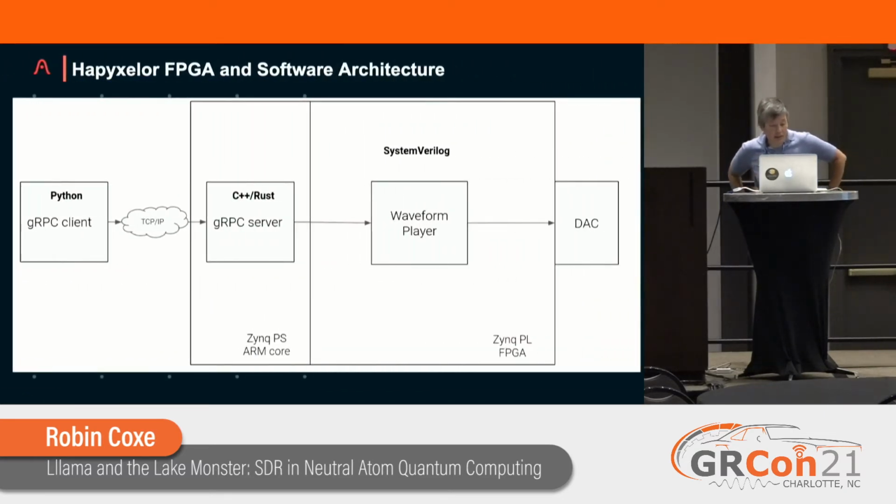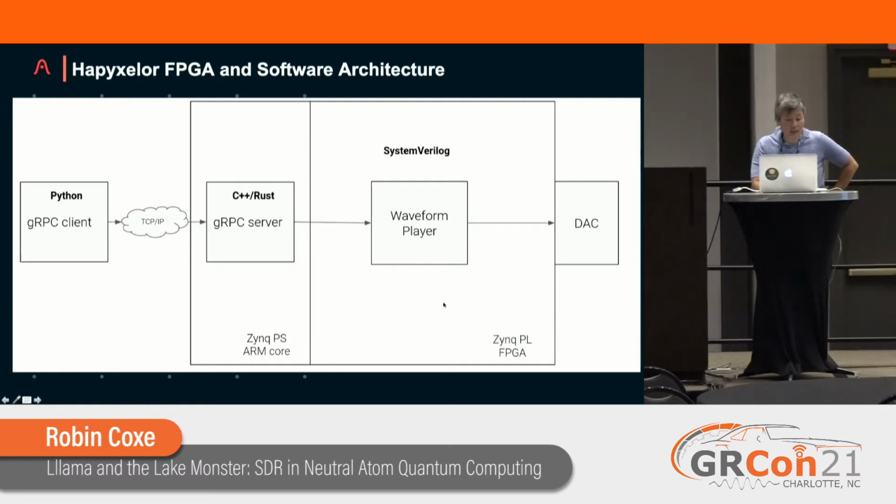to create quantum computations. So the architecture of our Hapyxelor SDR, and it's called Hapyxelor because it's named after a mythical Canadian lake monster, because 2 of the guys who worked on it originally are Canadian, and that's what they named it, so it stuck. The architecture of our device is quite similar to most SDRs. We have the DAC, the RF chain out here.